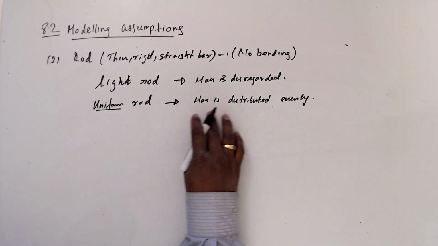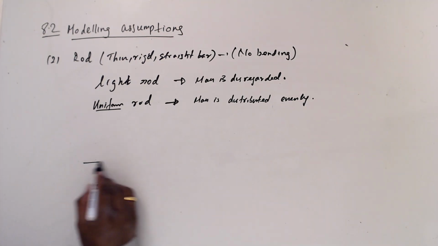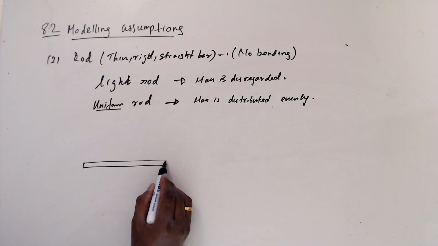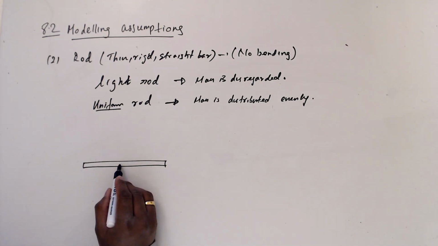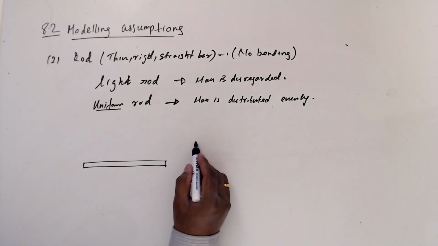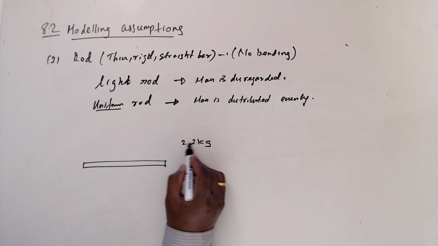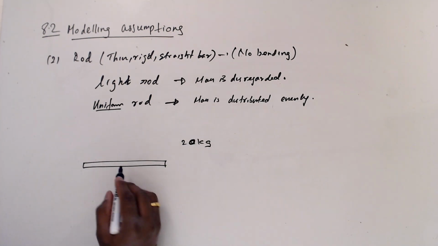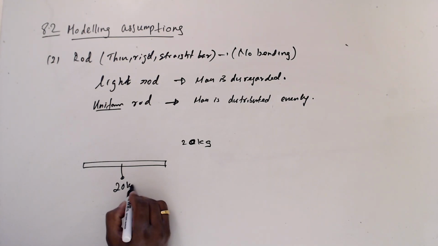What is the meaning of mass is distributed evenly? Assume this is the bar, and let's say it is 20 kg, then it acts in the middle as 20 kg.